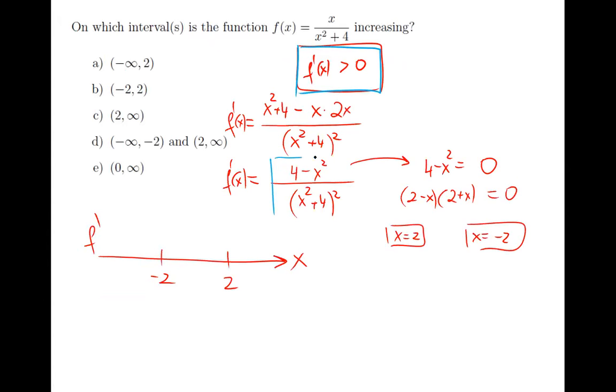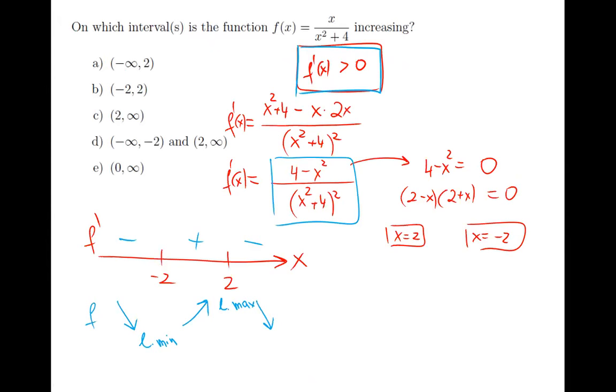This is the good form of the derivative. If I put negative 3, I will have a negative number. If I put 0, I will have positive, and then negative. That means the function is decreasing, increasing, decreasing. Local minimum at negative 2, just in case this is the question, and local maximum at 2. Okay, what answer is good for us?